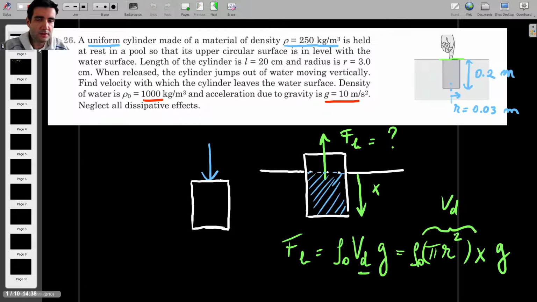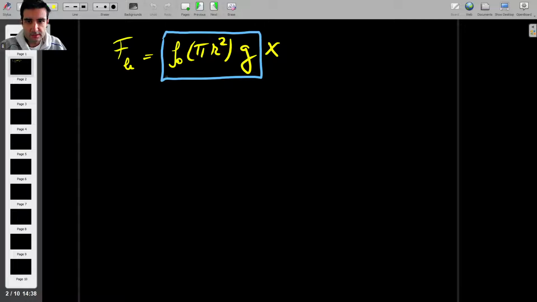No matter where the cylinder is along its journey through the water surface, this term that I drew here in a blue rectangle is constant. The density of the water is constant no matter what. The cross-sectional area of the cylinder is constant. g is constant. The only thing that changes is x. And how does x change?